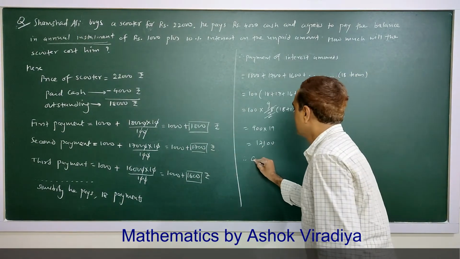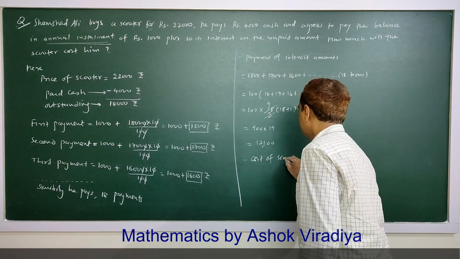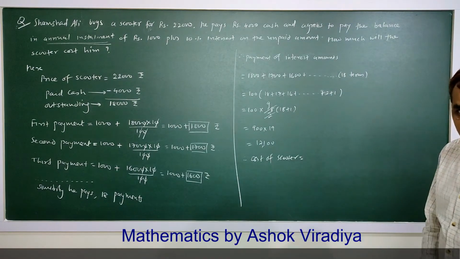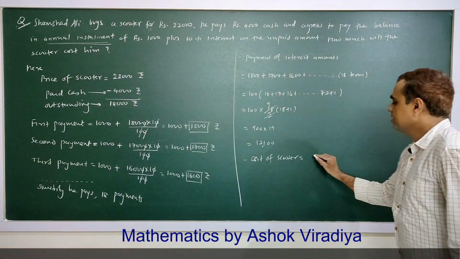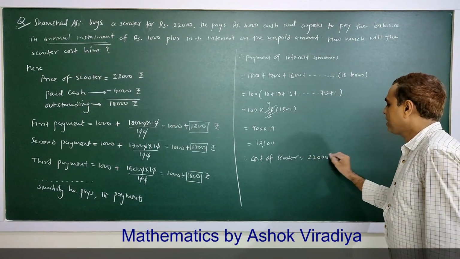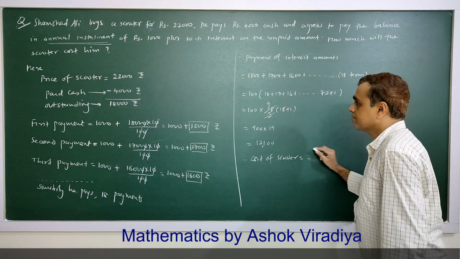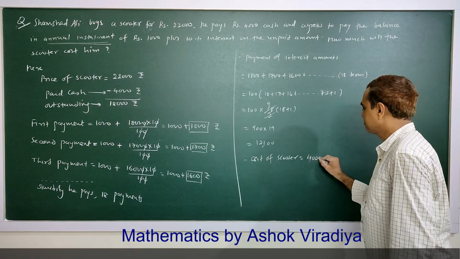Therefore, the cost of the scooter paid by Shamshad Ali is, in the beginning he has paid 20,000. Sorry, in the beginning he has paid 4,000.